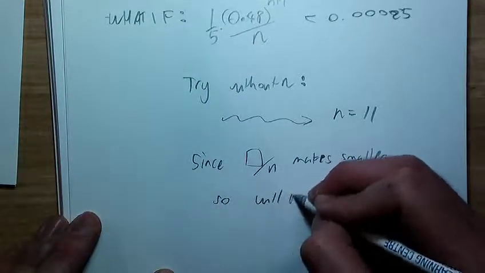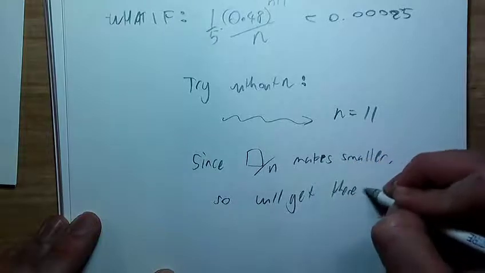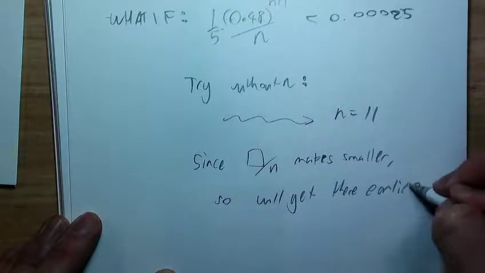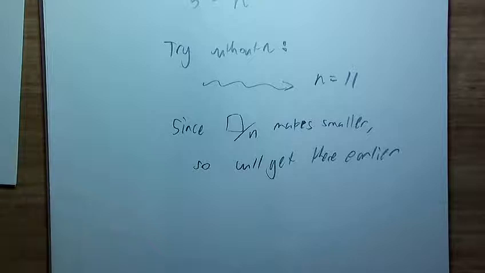so what I'll do is I'll start going down from there. I'll go n equals 10, and I'll figure out what the error is for that.